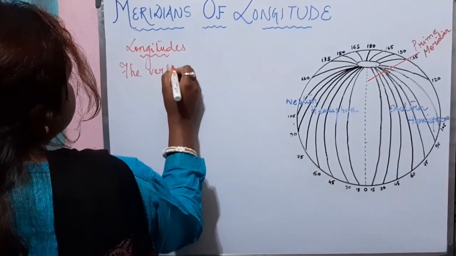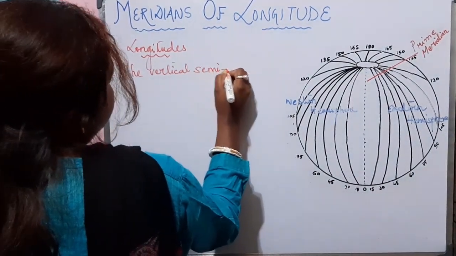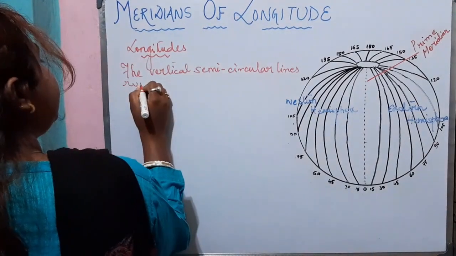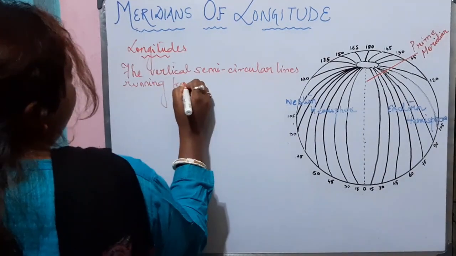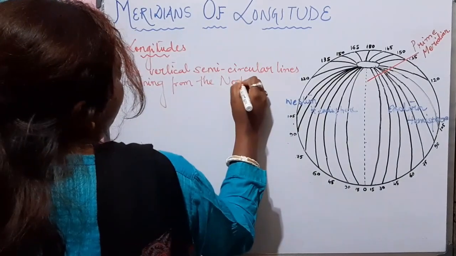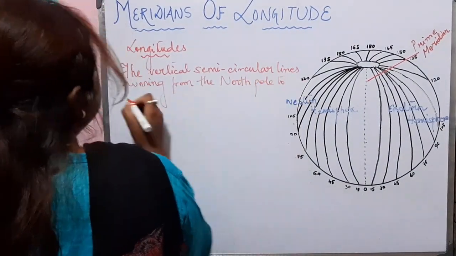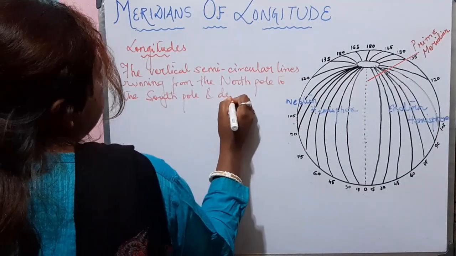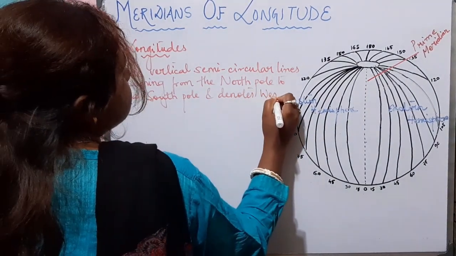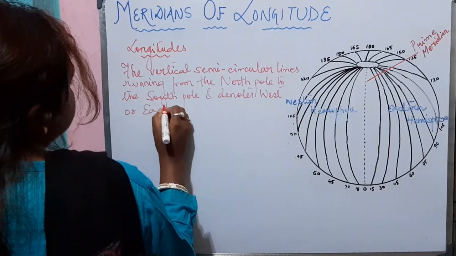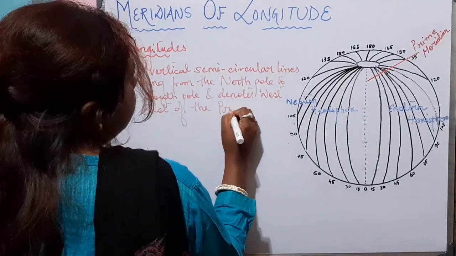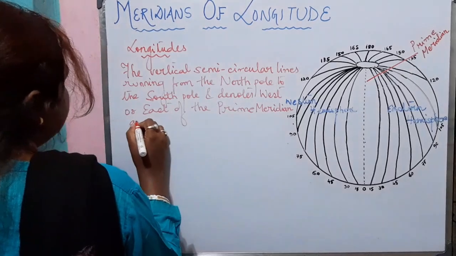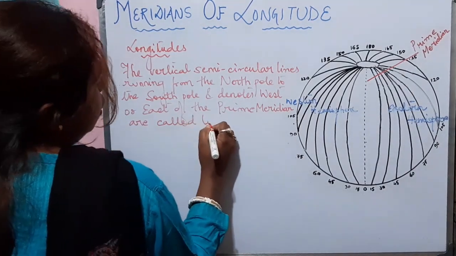The vertical semicircular lines running from the North Pole to the South Pole and denoting west or east of the prime meridian are called longitudes.